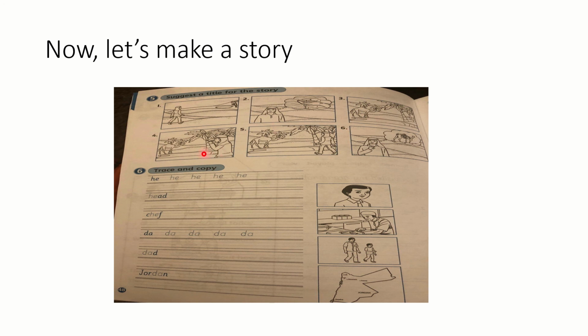He liked watching the camel. He walked to the camel. The camel helped him. Look at the camel. The camel helped him. This is a short story. You have to say it or think about it first. Then you have to make maybe a better story from my story. It's up to you. Okay, this is an oral story.